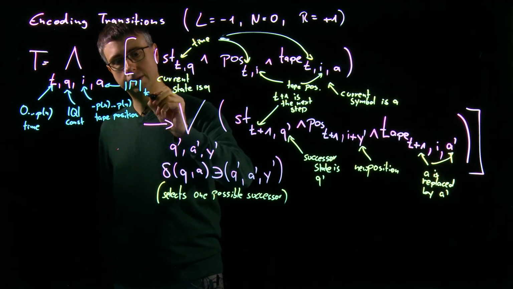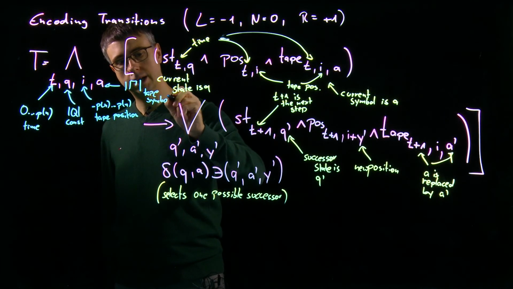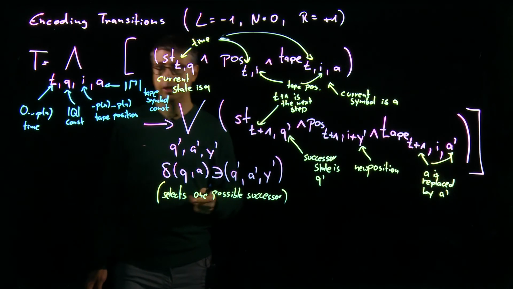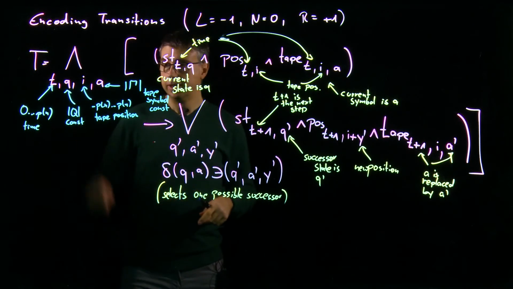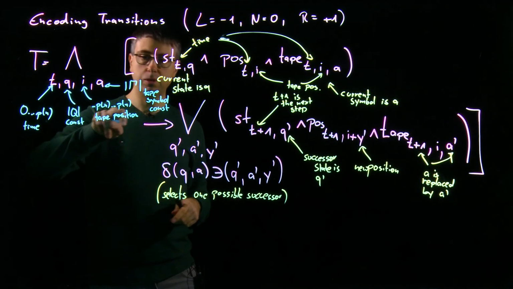It's the tape symbol. And this one is constant again, because it only depends on the Turing machine. So the two non-constant parts are this one and this one. This one is in the order of p of n, and this one as well.